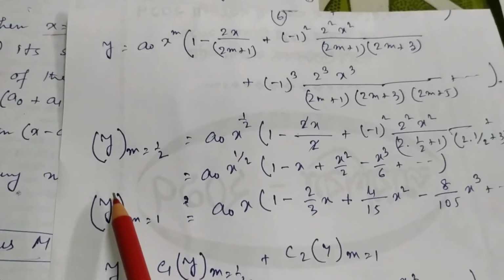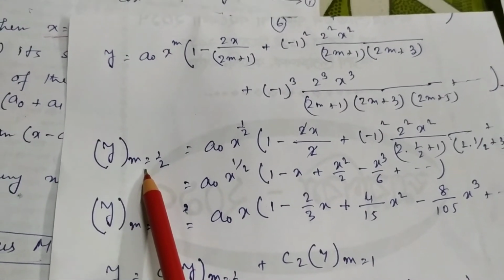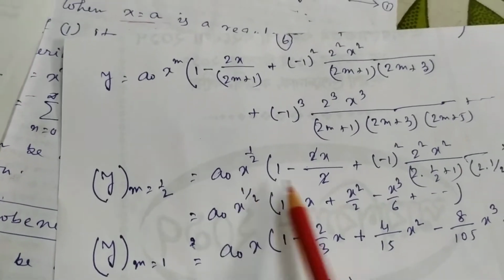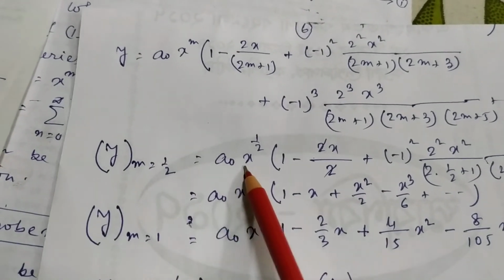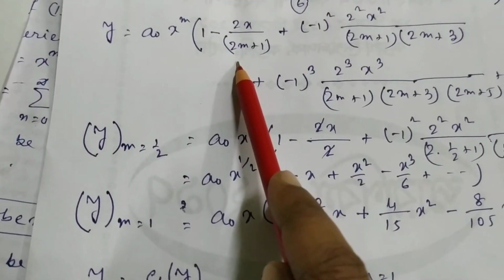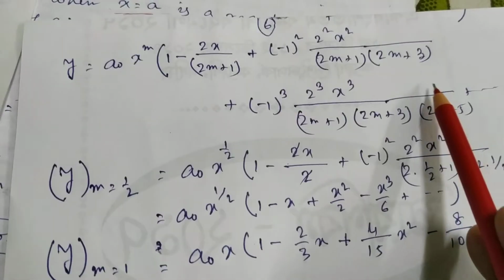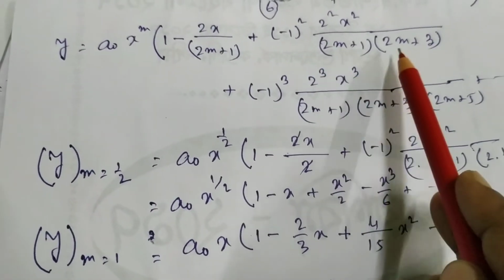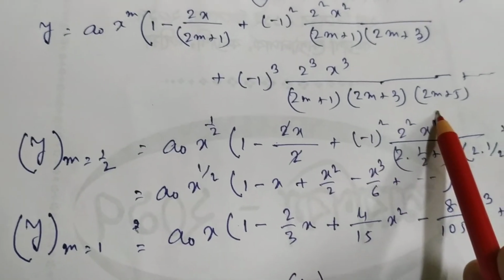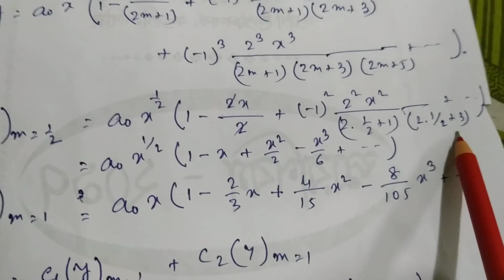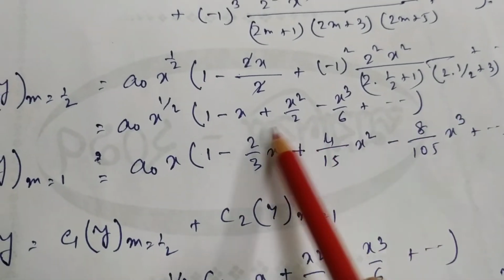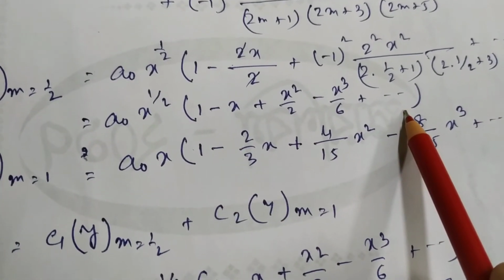Here y at the point m equal to half, that is, put m equal to half here, a naught x to the power half. Putting the value m equal to half, we will get that series. Calculating this, we will get this one.